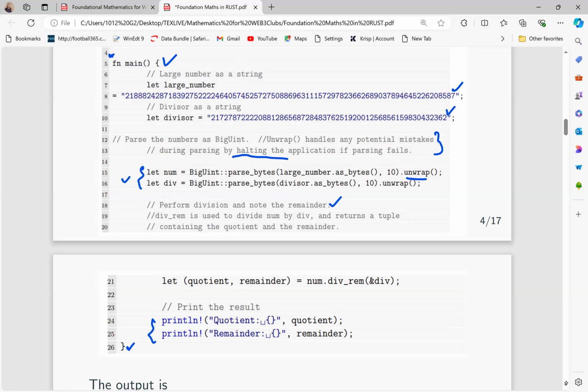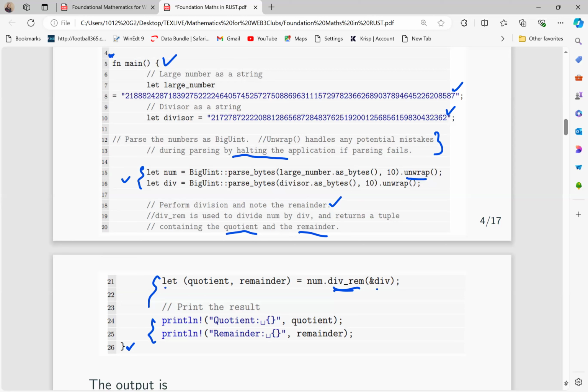So the div, and then this rem, which you can see here. This div is used to divide, and then it will return two things. After division, it will return the quotient and the remainder.